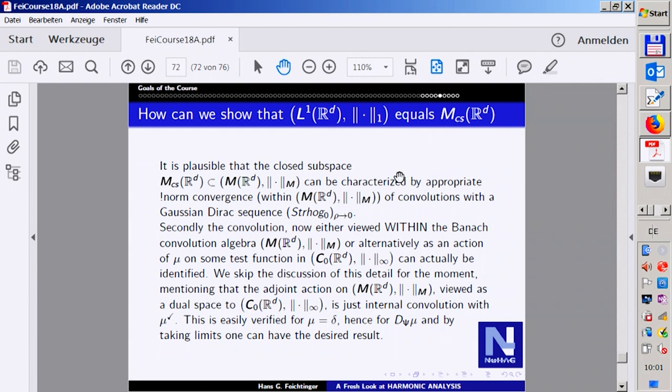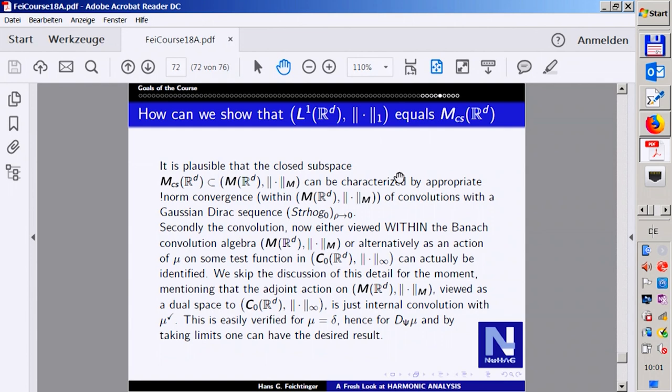So you have to try to see what happens for Diracs, and that I just mentioned to you. So the adjoint action is just convolving with the flipped operator. So you test it by saying, well, what happens, the action of a delta as an operator on the functions? It's a shift operator.